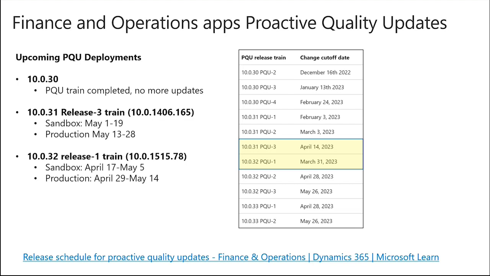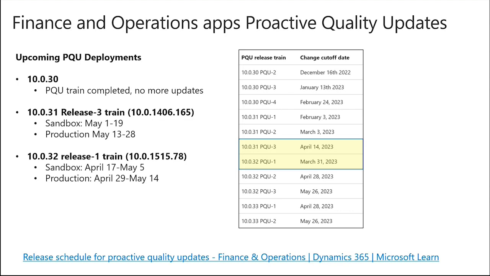So the proactive quality updates for finance and operations. Just a quick update on where we are with this in the deployment. Customers who are running 10.0.30 and later versions are technically in scope for proactive quality updates, which are mandatory monthly updates of in-service versions.